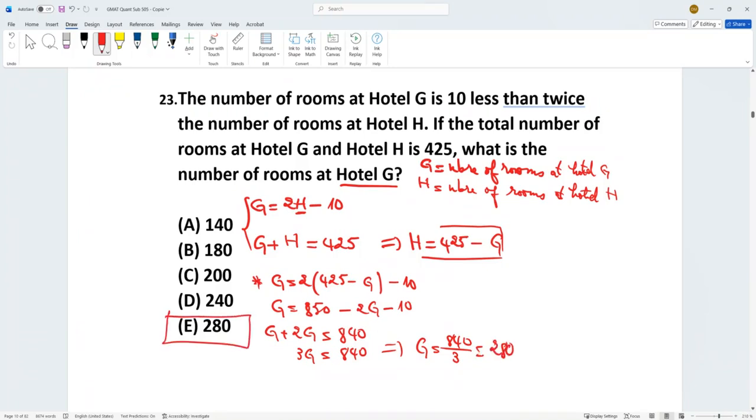So the answer is answer E. Pretty much straightforward, a very easy question.